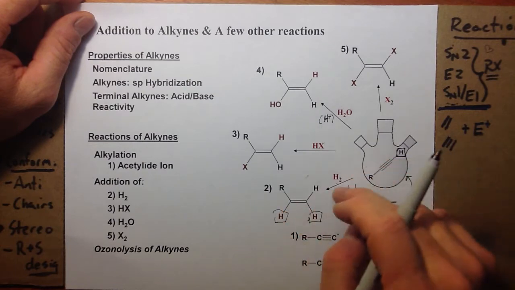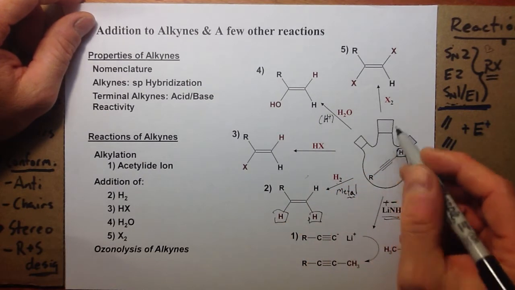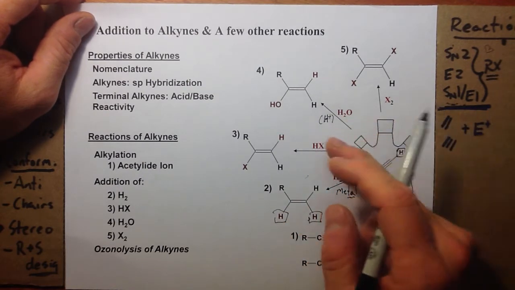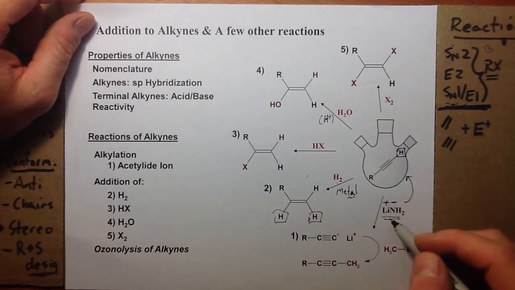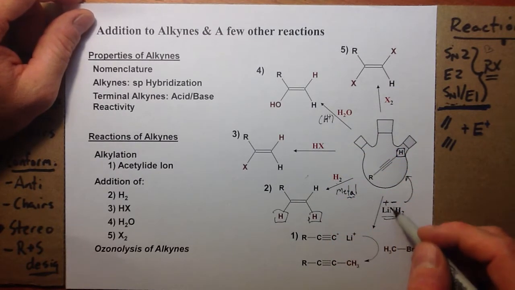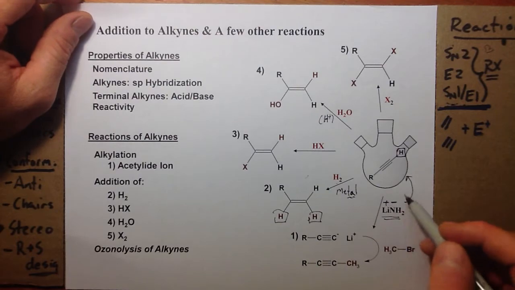Maybe hydrogenation is a little different, but typically these alkynes have gone out in polar reactions to attack. This is a first example of a polar reaction where the alkyne is being attacked. Let's look at that unique reaction.